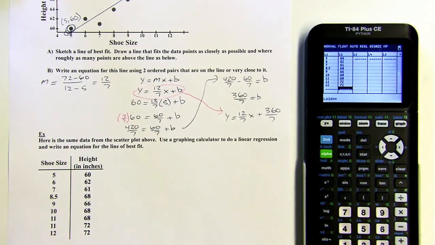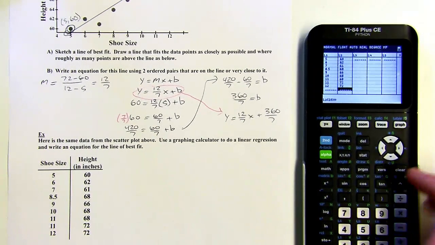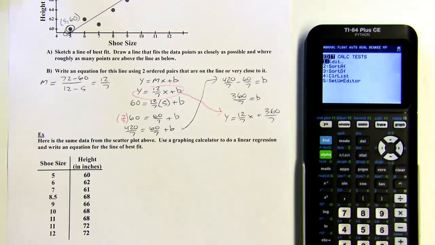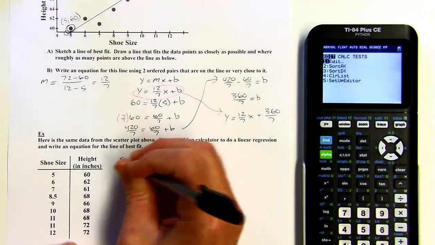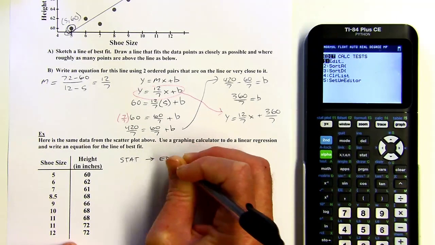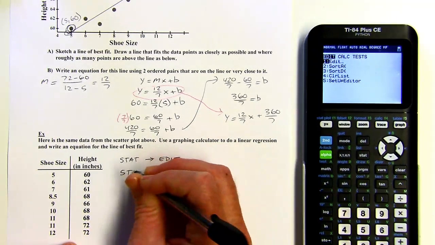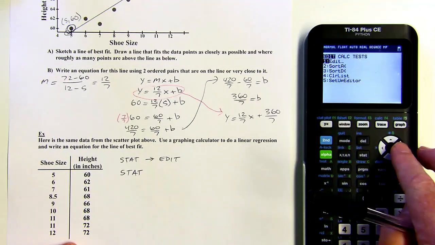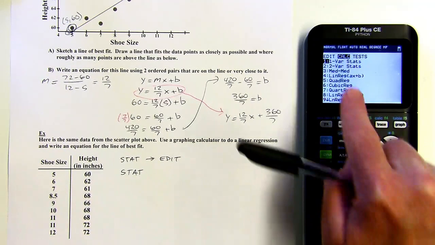Okay, and now I'm going to go to the Stat menu once I get it all entered in there. So just to get the steps down, we did Stat and then Edit to get the points all in there. And now I'm going to go to Stat, and I'm going to go over to the Calc menu because I want to do some calculations.